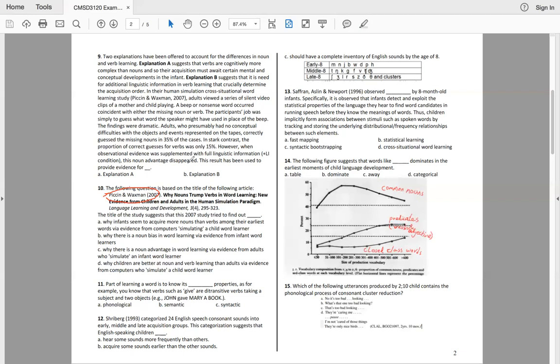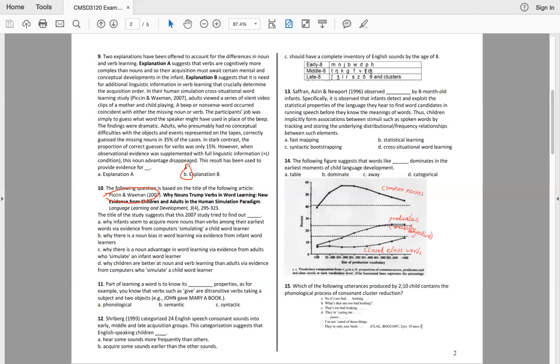So these results have been used to provide support for explanation B, suggesting that the addition of linguistic information has made the learning of verbs possible, or has made the learning of verbs and nouns very similar.